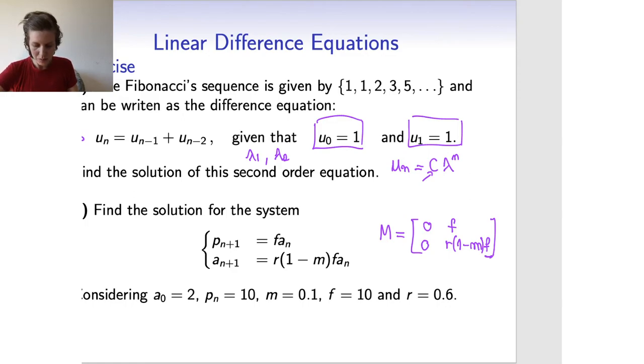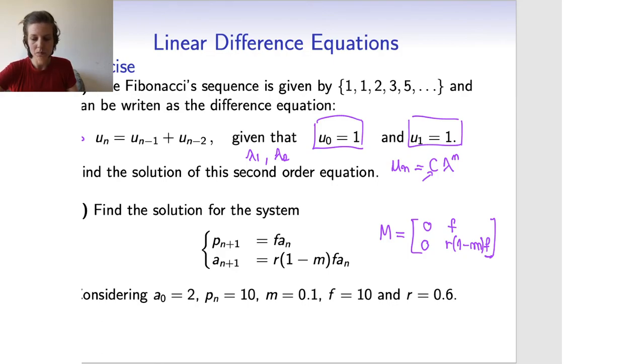Yeah, so because one of the eigenvalues is 0, it's alright, because 0 to the power of n is zero.